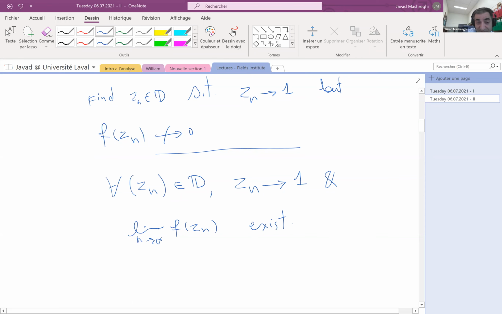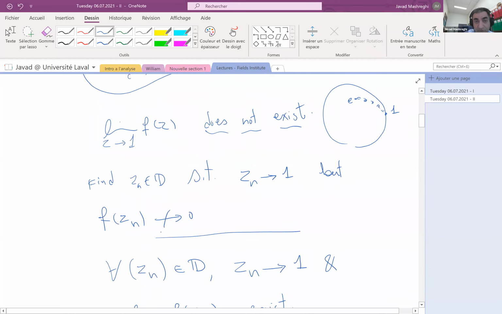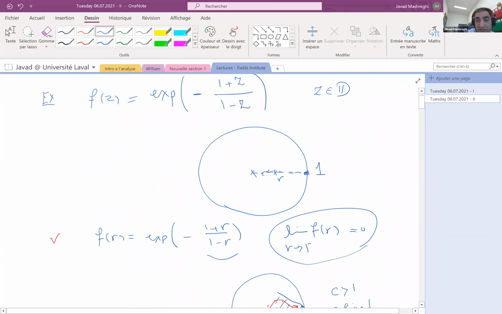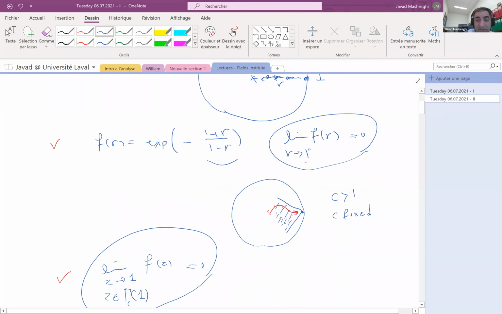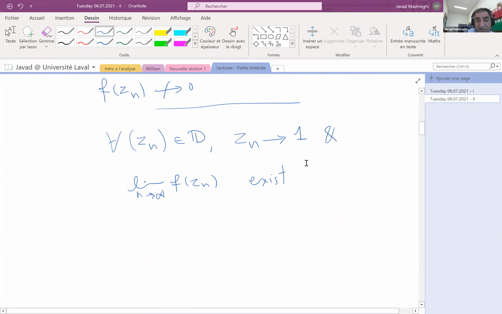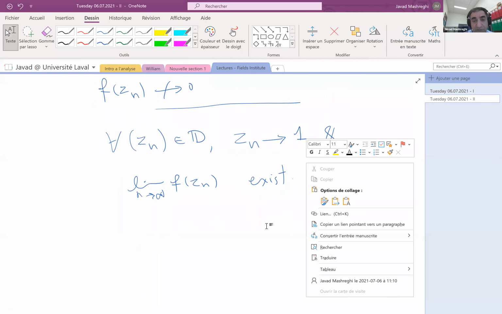We know that they exist; we just saw one specific one here. Any sequence which goes radially toward 1 gives us 0. The boundary limit is equal to 0. So this exists and is equal to 0.